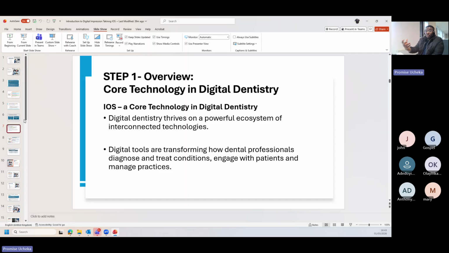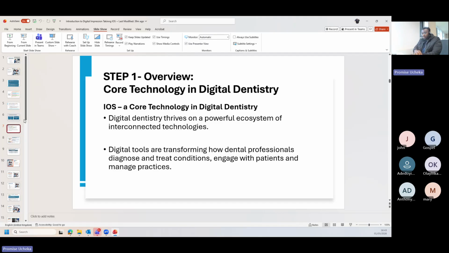And even after you've done that, there is still the CAD/CAM system, that is the computer-aided design and computer-aided manufacturing system, that the digital impression you've taken would be sent to, to be used to design whatever prosthetic appliance you want. Then it will be printed, either using 3D printers or by milling in the laboratory.